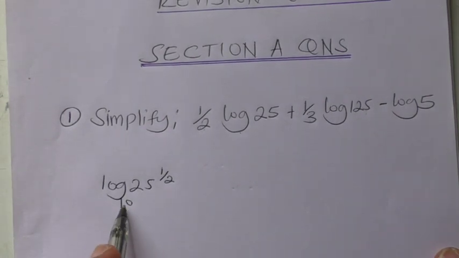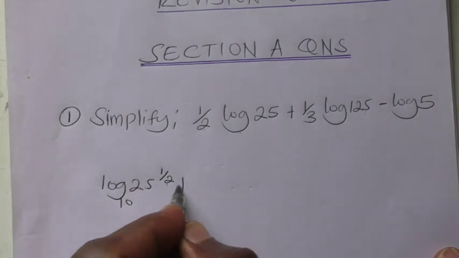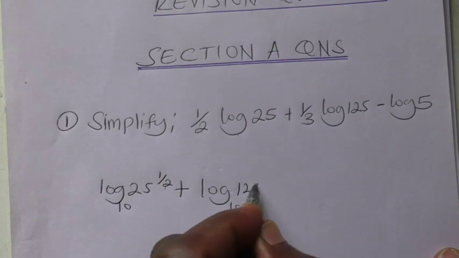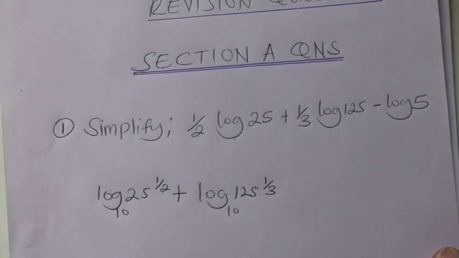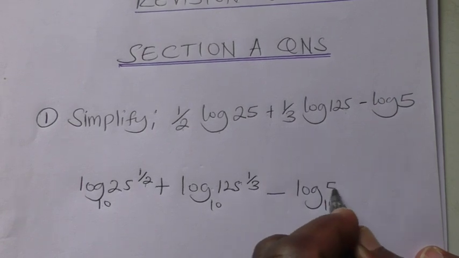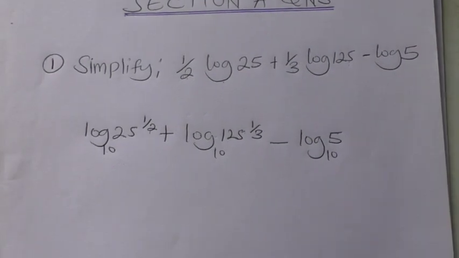So that is log base 10 power 25 power half plus log base 10 power 125 power a third minus log 10 power 5. So that's the first step, to take the coefficients as powers.